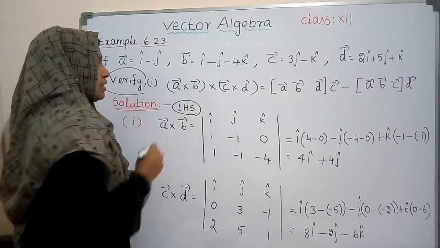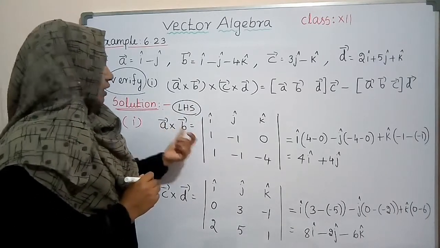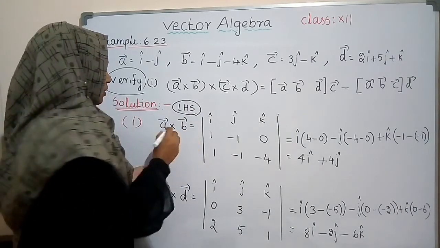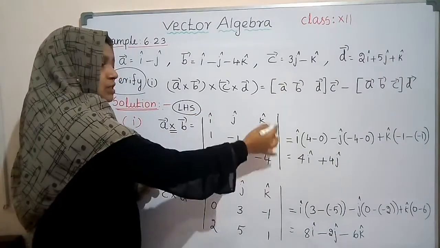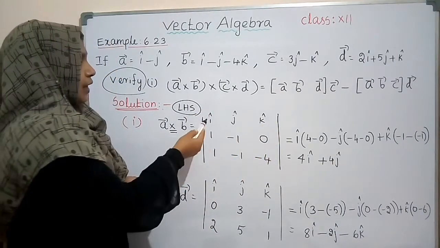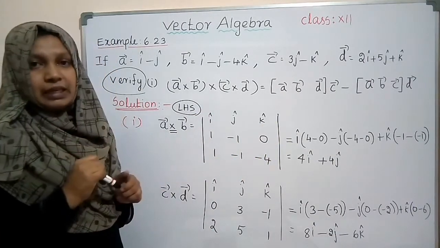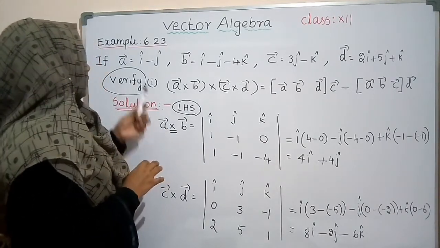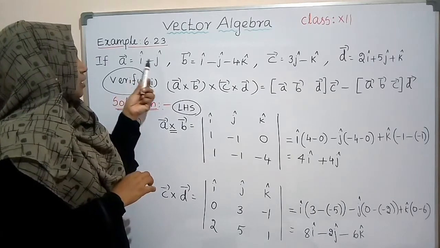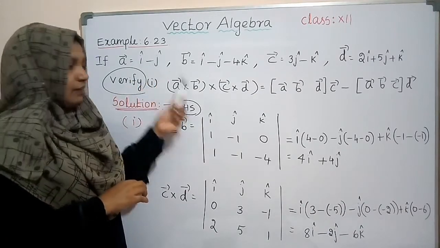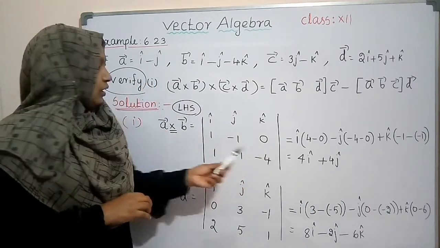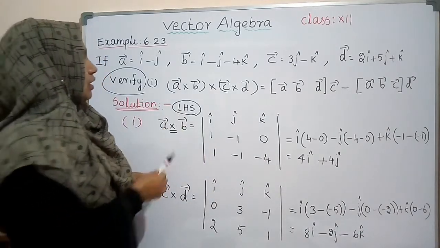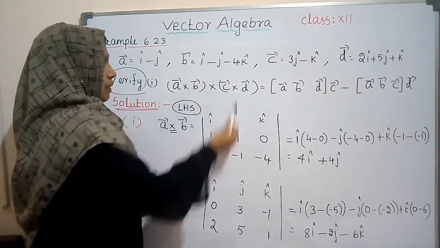On this left side, first you should find a vector cross b vector. For the cross product, we should use this determinant. First row as usual i cap, j cap and k cap, and the second row will be the components of a vector, which is 1, minus 1, there is no k vector, so I put 0 here, and then b vector components are 1, minus 1, minus 4.